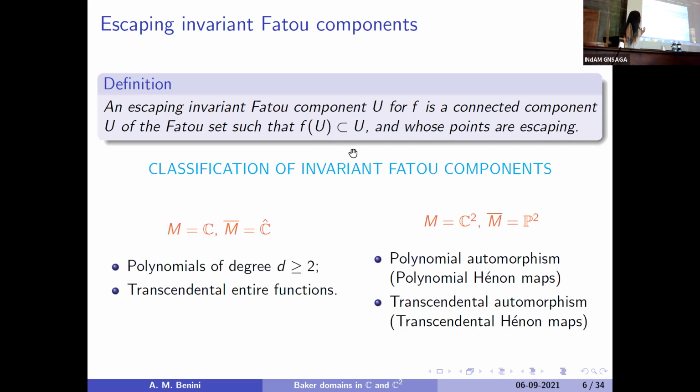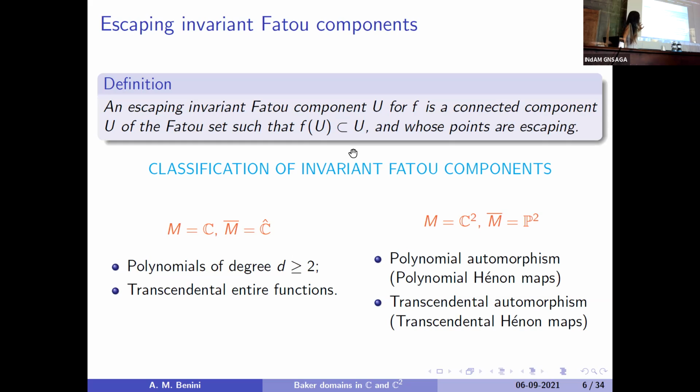And this is a very nice classification of invariant Fatou components, okay? Escaping Fatou components are a special case of all components of the stable set which map into themselves. And the classification of Fatou components which are invariant, not necessarily escaping, is a very classical subject in one-dimensional dynamics and still needs work when you look at the C2 case.